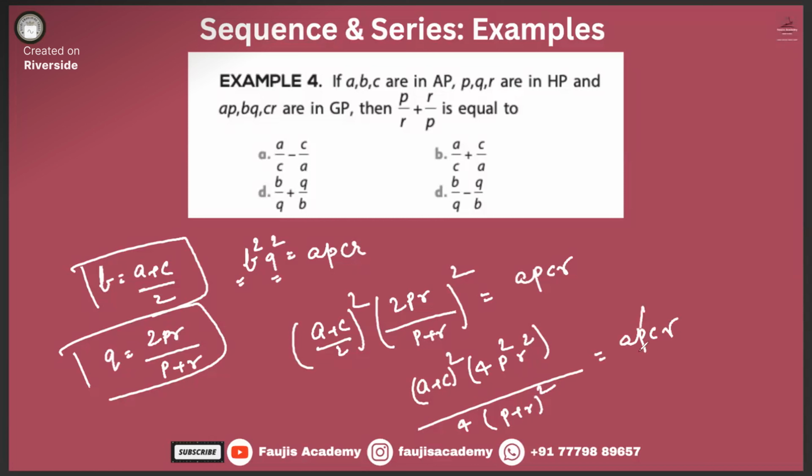Now it's in multiplication. P gone, R gone. And this 4 also gone. A plus C whole square into PR divided by P plus R whole square is equal to AC.